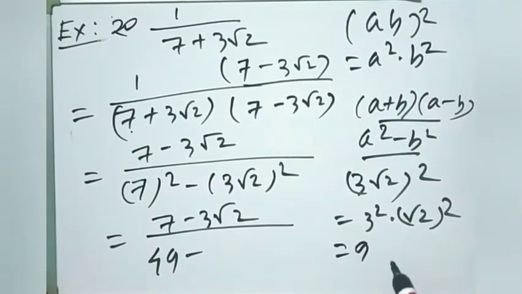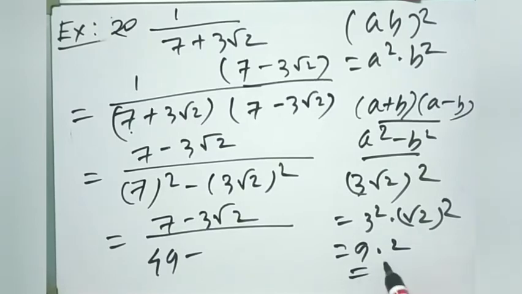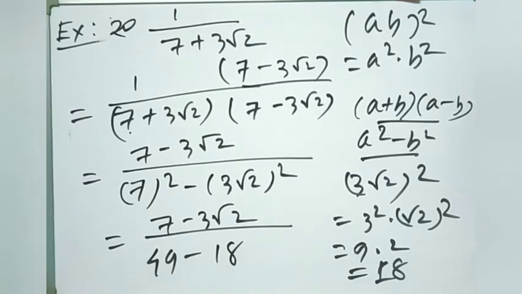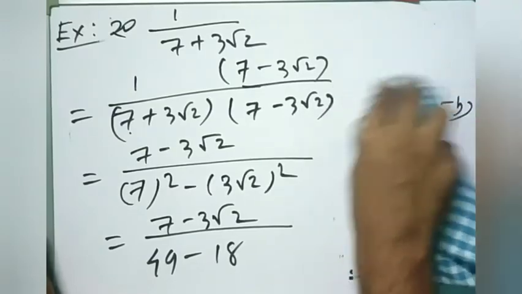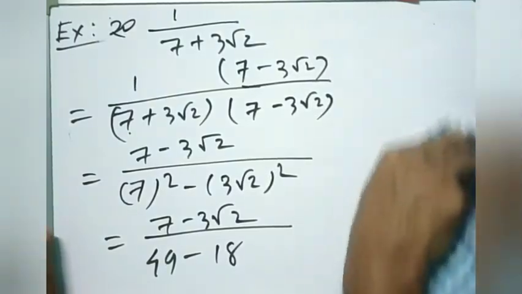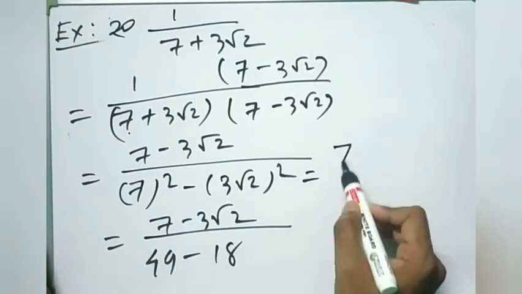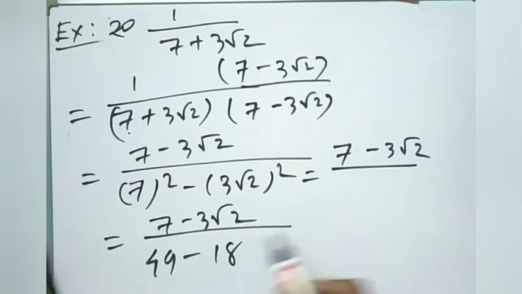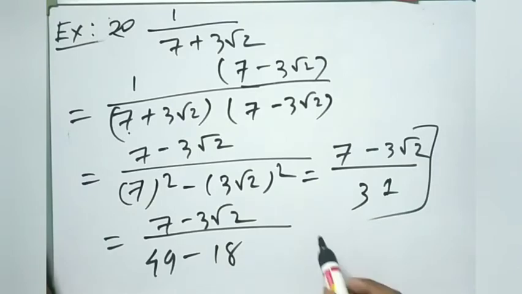So 9 into root 2 square will be 2, so 18. So here it will be 18. So 7 minus 3 root 2 over 49 minus 18, that is 31. So this is the answer.